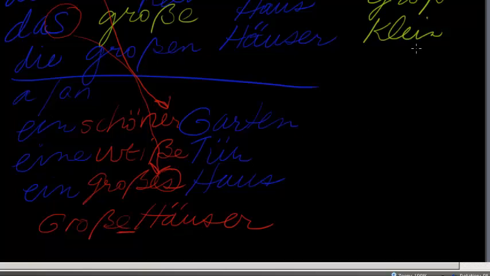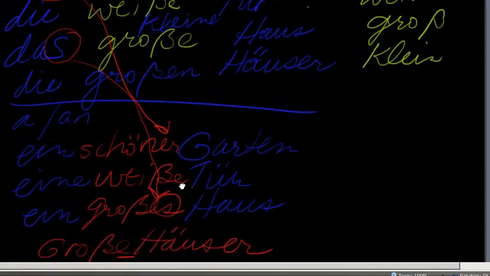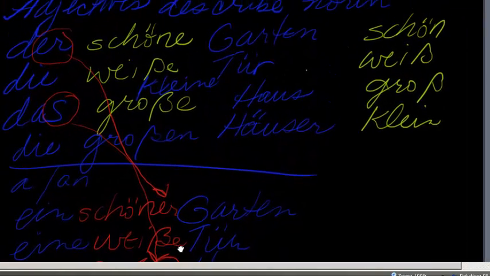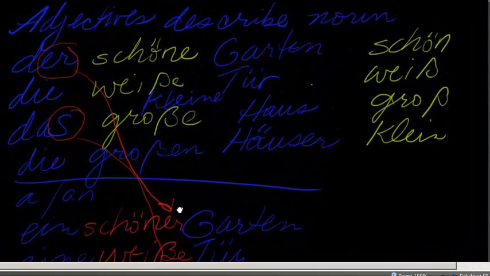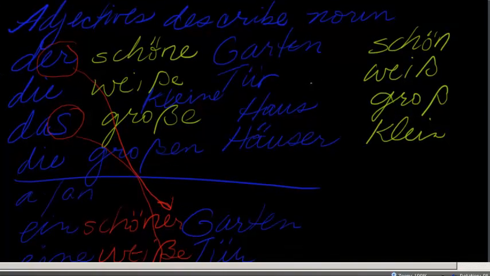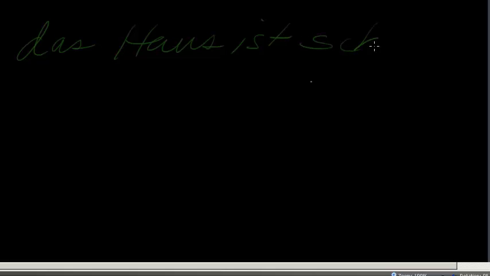All right, so you add the E. It's not just groß. Now, one thing that you can use if you're just using the adjective by itself: das Haus ist schön.